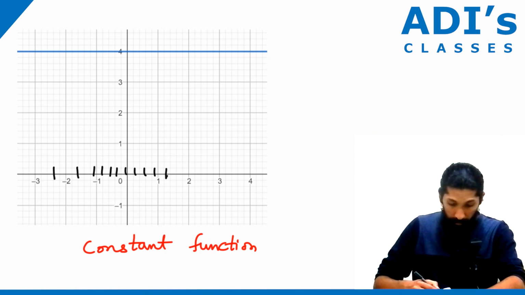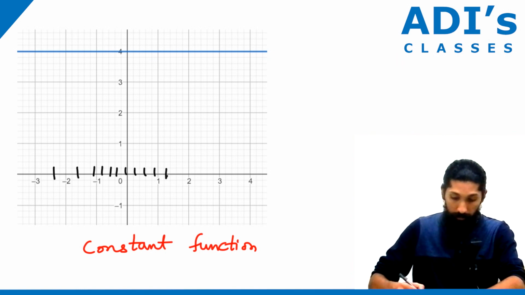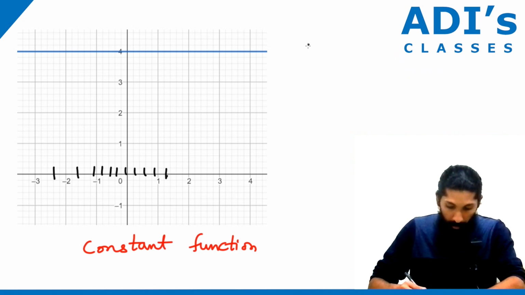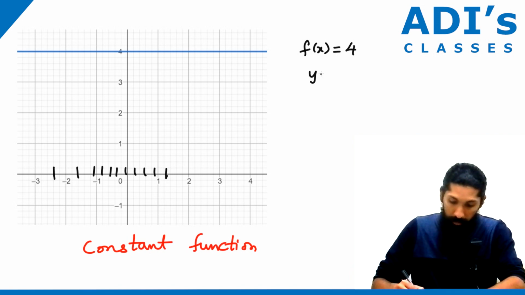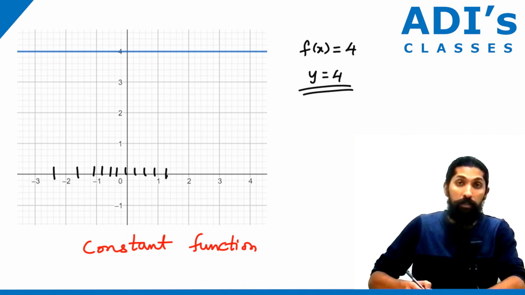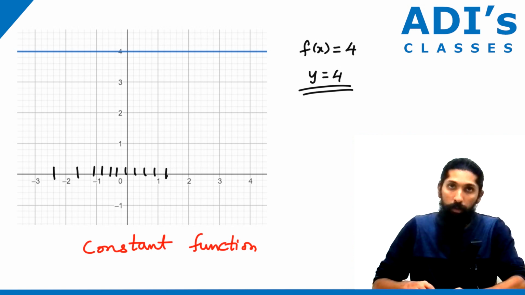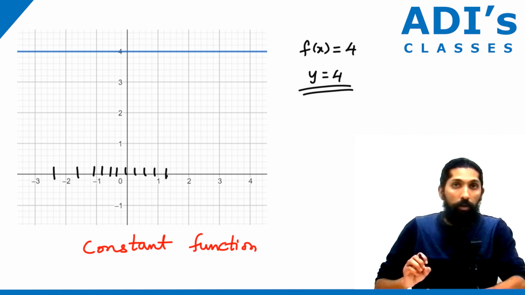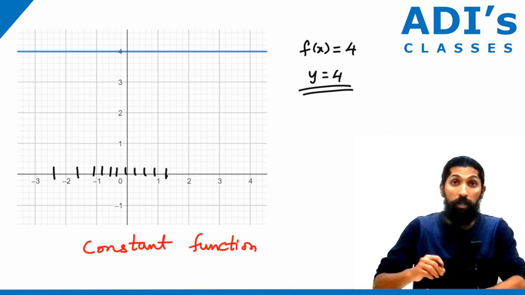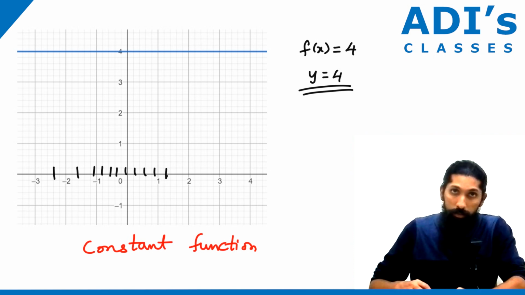Here, f of x is equal to 4, because y is equal to 4. So this is basically a function that we call a constant function.